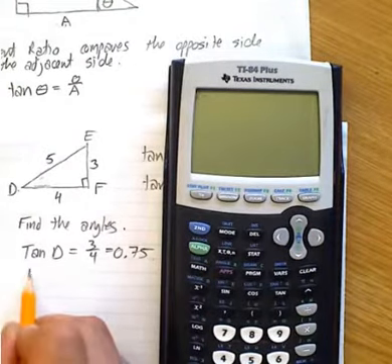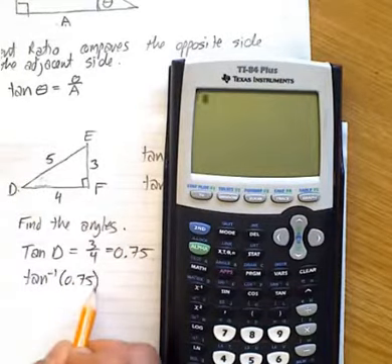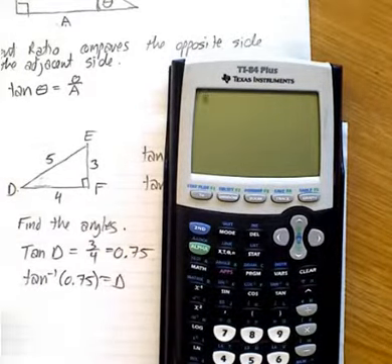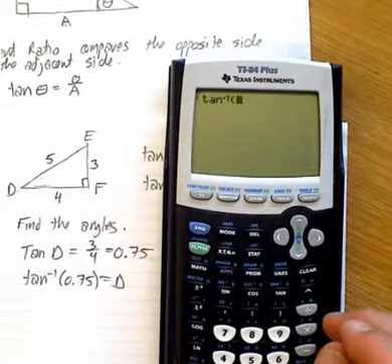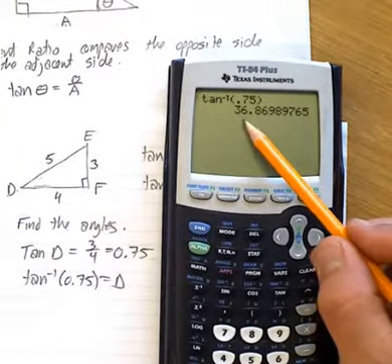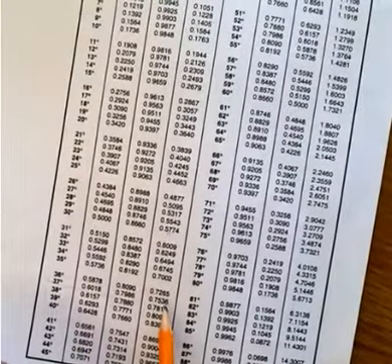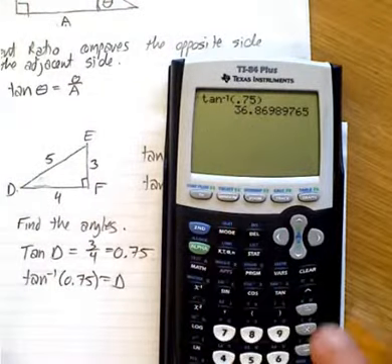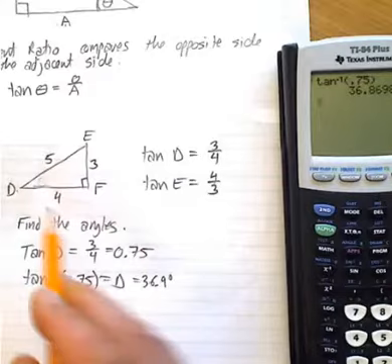So you go tan minus 1 of 0.75, and that's going to equal D. Tan minus 1 is above your tan button, so you're going to go second, tan, 0.75, and boom, there's your answer. Close to 37 degrees like we just said. 0.75 right here, just below 37, 36.9 to be exact. So that's 36.9 degrees. That's the size of that angle.